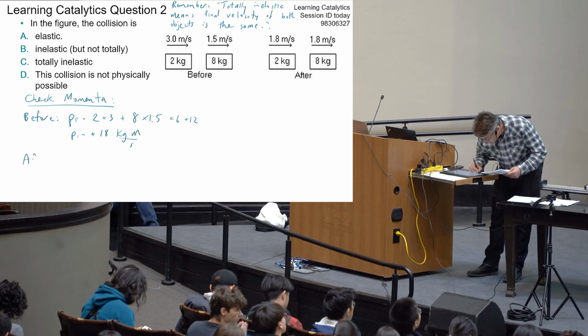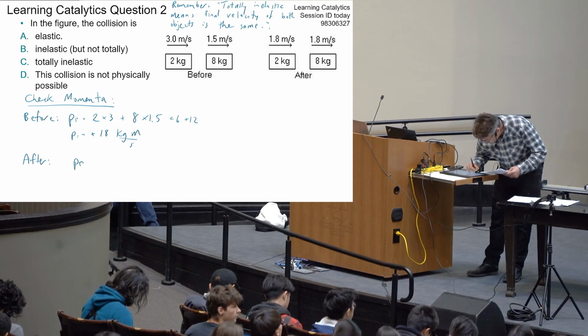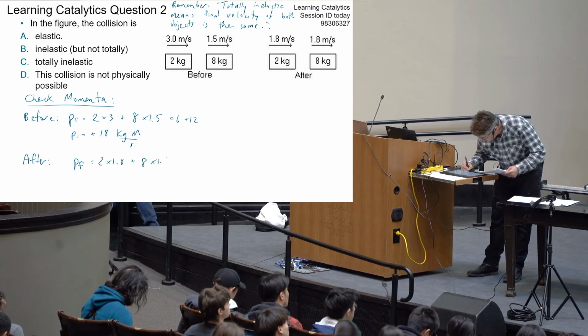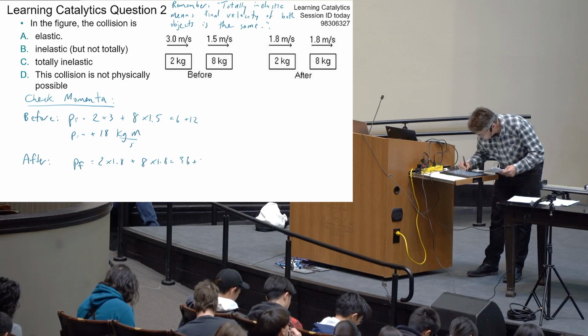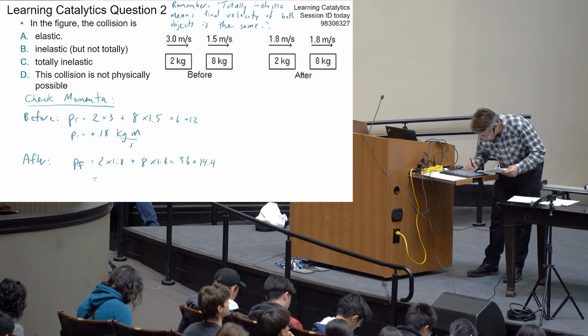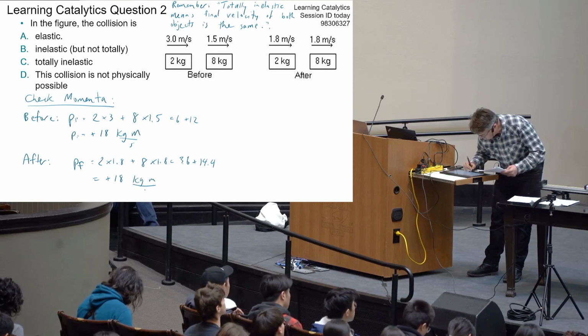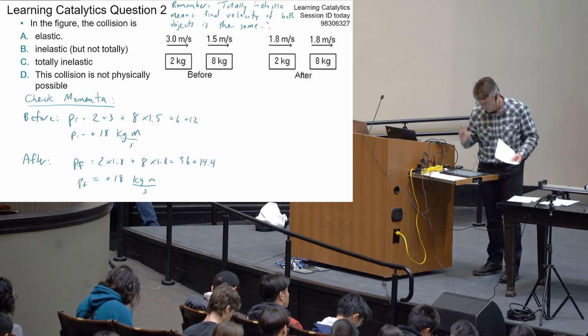And then after, P final is equal to 2 times 1.8 plus 8 times 1.8, which is 3.6 plus 14.4. So I got plus 18. Good. I guess I was just a little worried that it could be D. But yeah, so P final equals P initial, so it's okay.